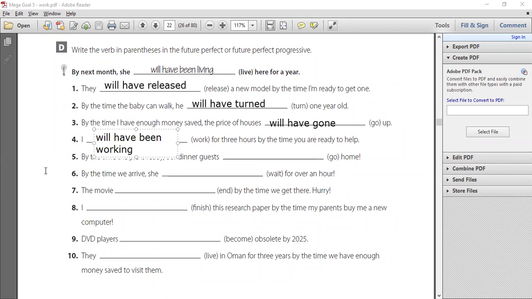But why? I will have been working for 3 hours by the time you are ready to help. Because it's future perfect progressive. Very good. In the future perfect progressive, I focus on the duration of time. Here he said for 3 hours, and here he said for a year. That's why here and here I chose the future perfect progressive.